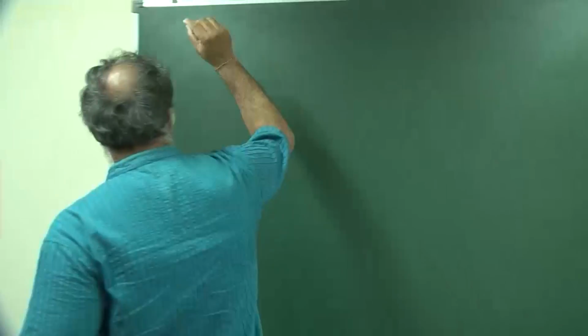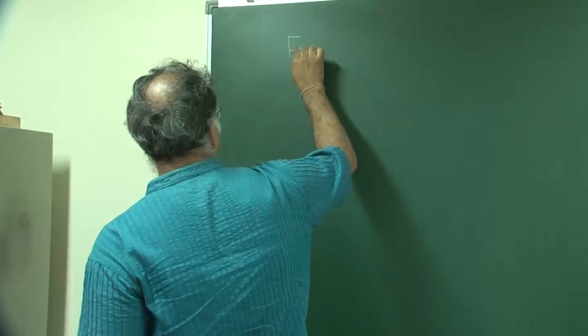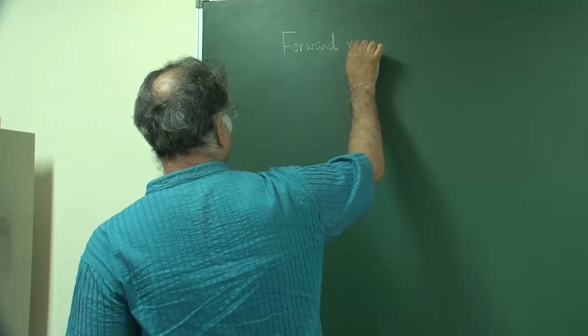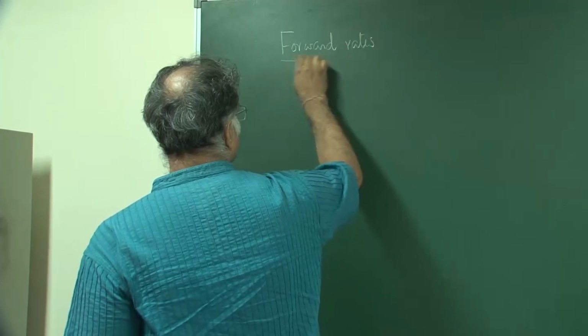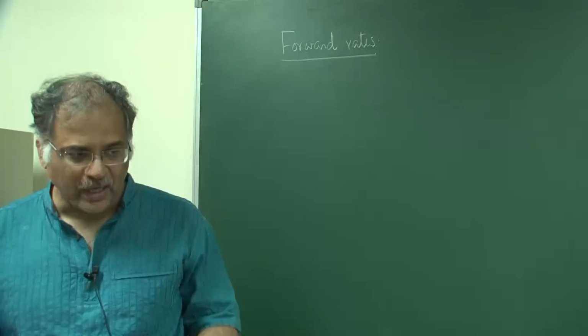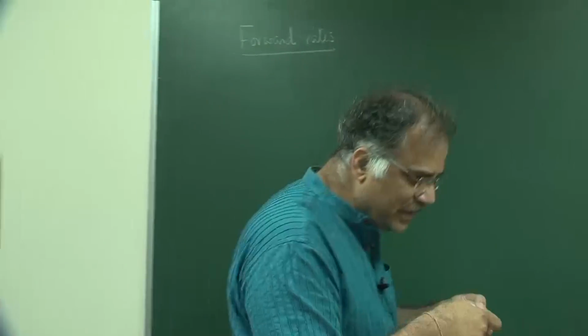So now we are going to study what we call forward rates, and we'll explain why we are calling them forward rates. Forward rates are interest rates that are agreed upon by two parties at this time for a future time interval T1 to T2.